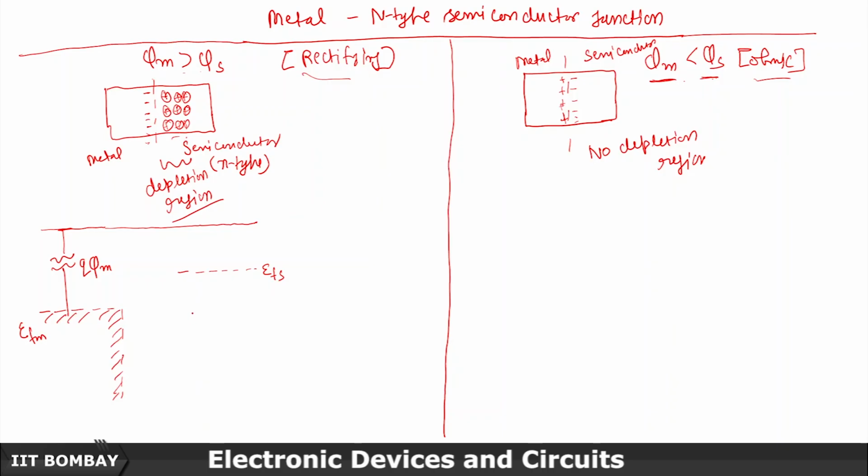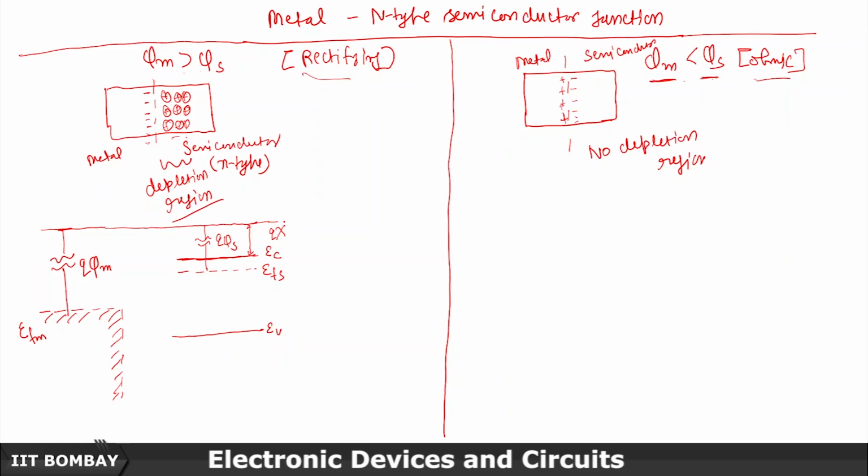Since it's an n-type semiconductor, the conduction band would be at a higher place, something like that, and EV would be somewhere here, right? And this difference is q phi s, and this is basically q chi.